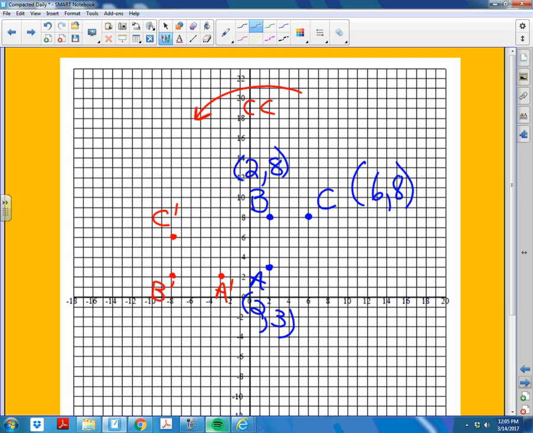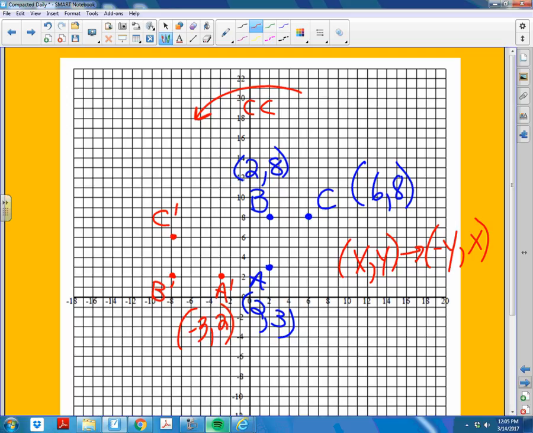Now, here's how it works. Has anyone now figured out how the rule works? If you look at the rule I just told you, the xy, if it's 90 degrees, should have become negative yx, correct? Which means that for point A, the x and the y switch places, and the first number becomes negative, so it actually went to -3, 2.